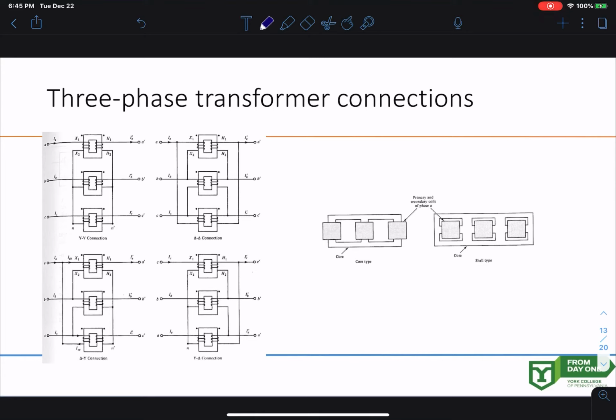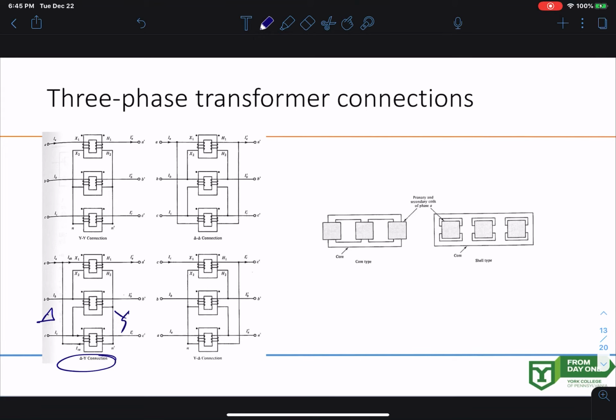This is the delta-Y connection. So this side is delta. If you look carefully here, this is all delta connection on this side, delta. This is delta. This is Y. And the voltage over here, the line-to-line voltage in the Y connection, is √3 times higher than the line-to-line voltage of the delta connection.